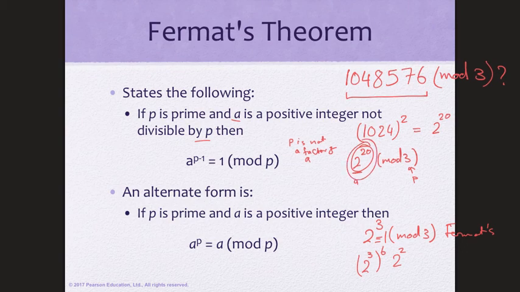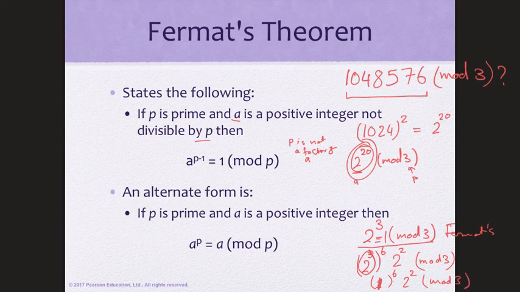Now, if I want to calculate all of this mod 3, I notice that 2 to the power 3 mod 3 is equal to 1 from Fermat's theorem, which means that this thing mod 3 is 1, and then I have 1 raised to the power 6 multiplied by 2 to the power 2, all mod 3.